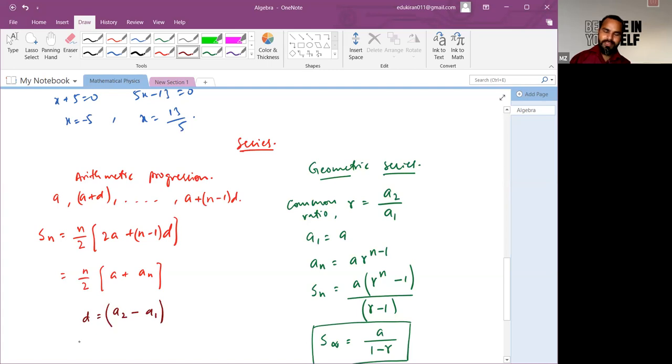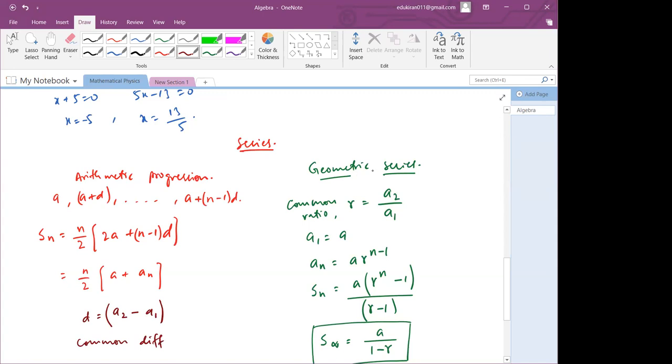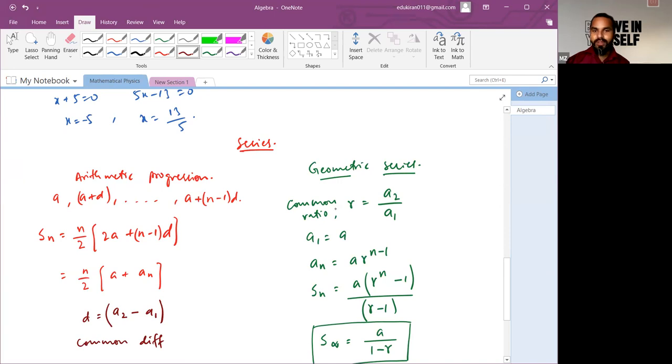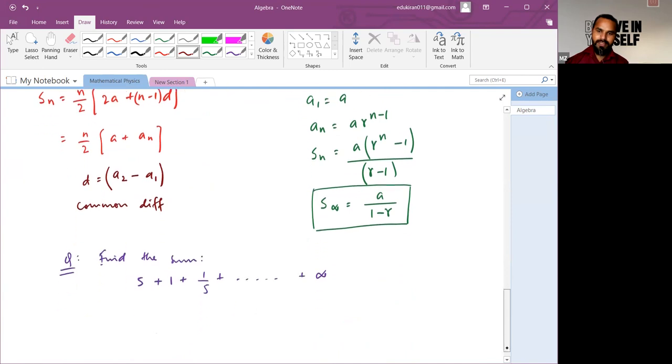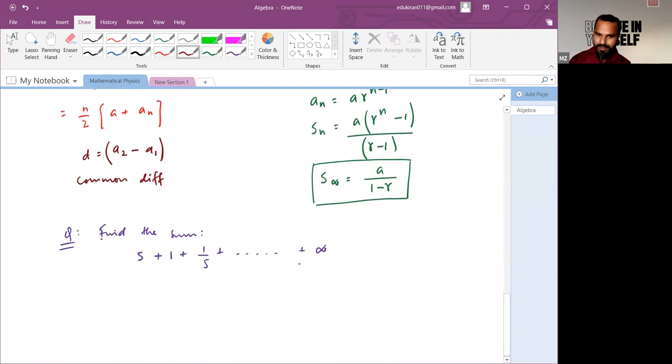For a geometric series, we define a term called the common ratio, represented by R, which is nothing but the ratio of the next term to the previous term. So just compare whether this series is in AP or GP, and on that basis try to sum.